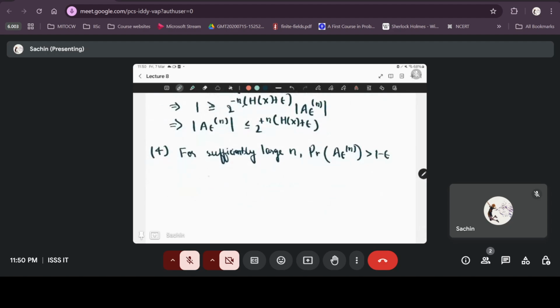So the summation of p of x over x in the typical set, the probability of A epsilon n, is equal to this, which is greater than 1 minus epsilon.